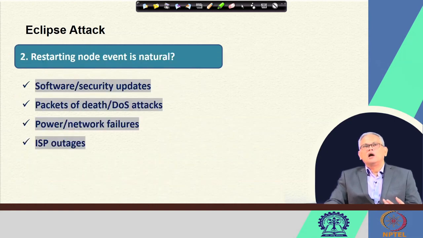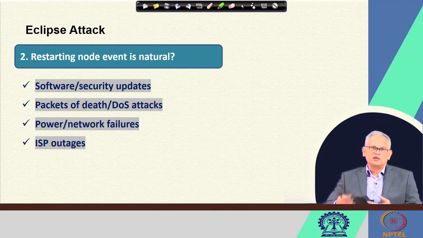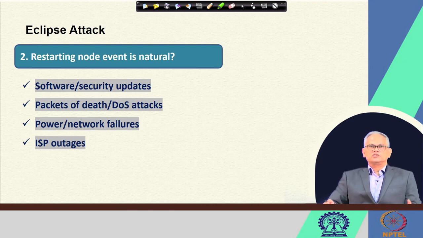And if there is a restarting of the node, and the restarting can happen many times due to security or software updates, or because there are some denial of service attacks. There could of course be a network failure, a power failure or an ISP outage. We all know that from time to time we restart our machines because we find something is not working, or we update something and then get a message that now you need to restart your machine.